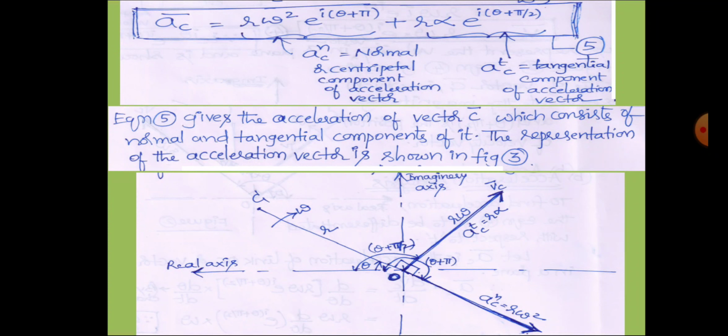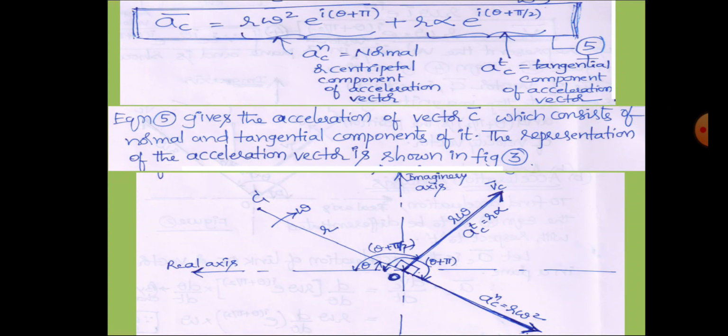Theta plus pi by 2 is already the velocity vector. Now for that again it is plus, meaning leading. So again if I measure pi by 2 and draw, the normal component of acceleration will be in line with the displacement vector.